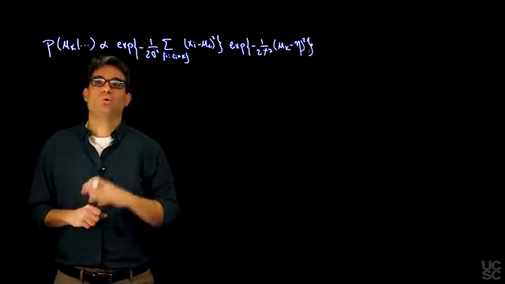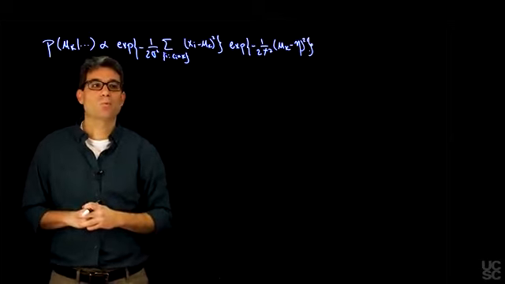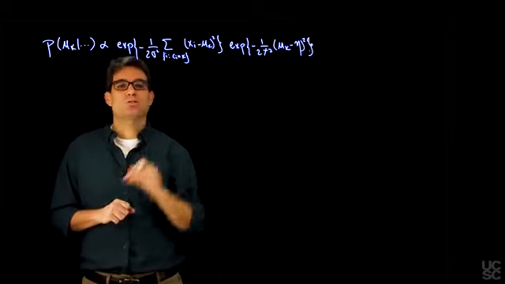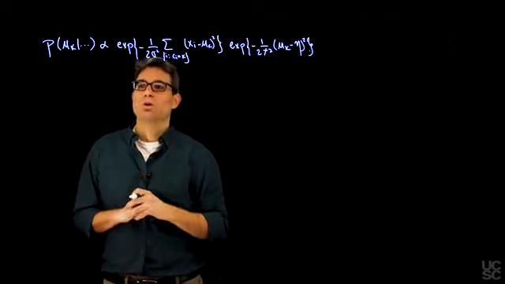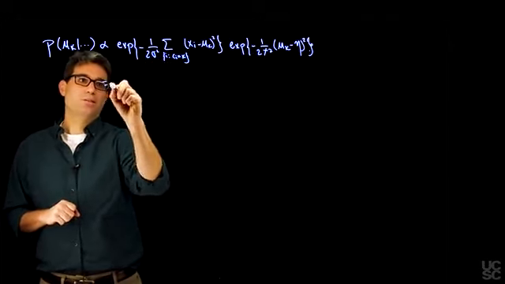So to really show that this is going to take the form of a normal distribution, we need to do the expansion of the squares. So I'm going to work with what's inside the exponential.